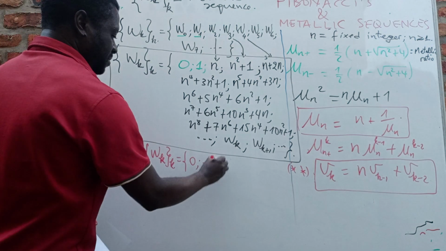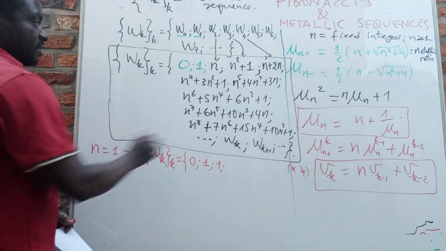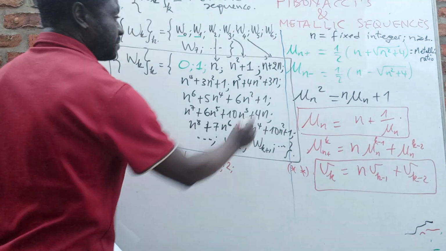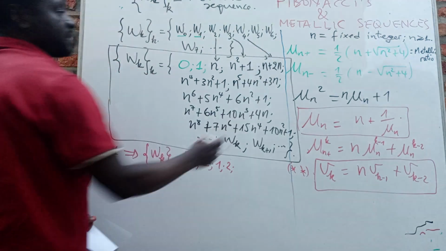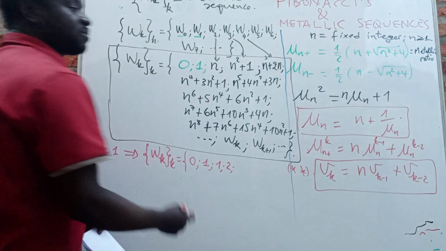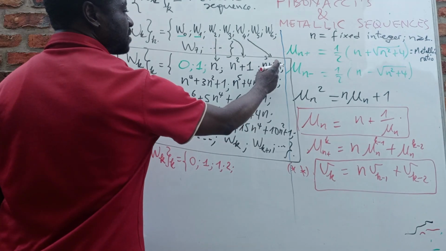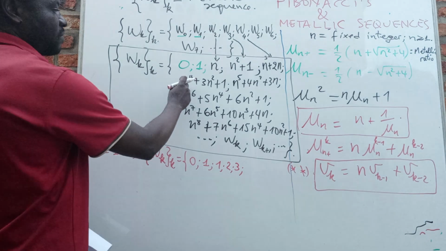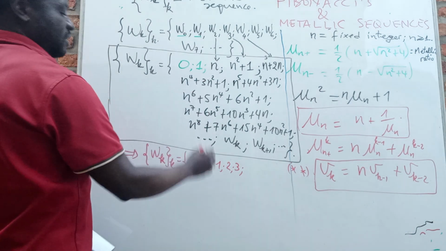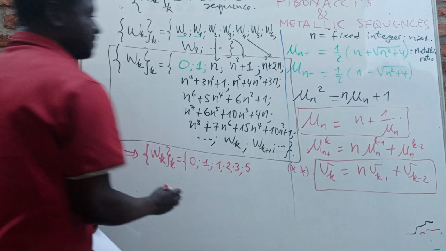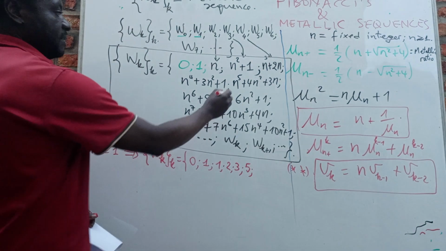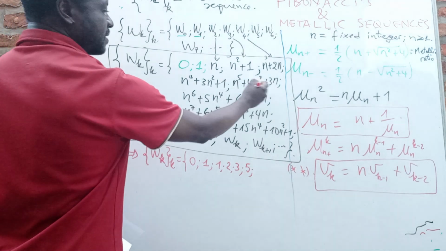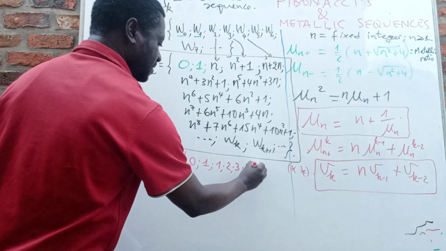So this one will be 1, n equal to 1. So n plus 1 is going to be 2. Next term 1 cubed. So any power of 1 is going to be equal to 1. So 1 plus 2 is going to be 3. So here we are going to have 1 plus 3 is 4. 4 plus 1 is going to be 5. So here we are going to have 1 plus 4 plus 3 is equal to 8.